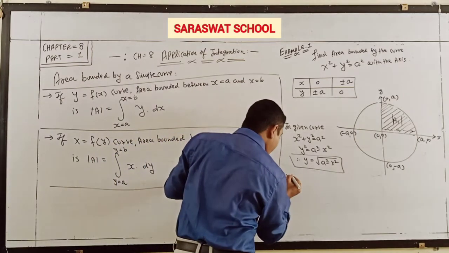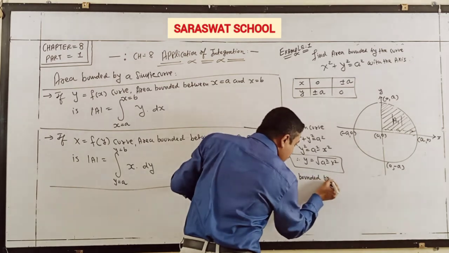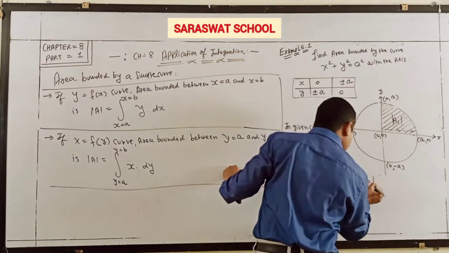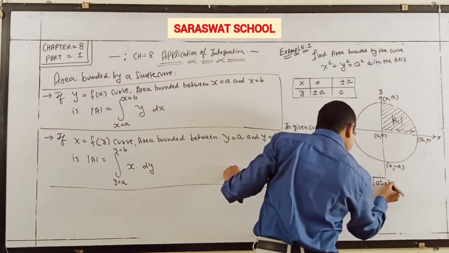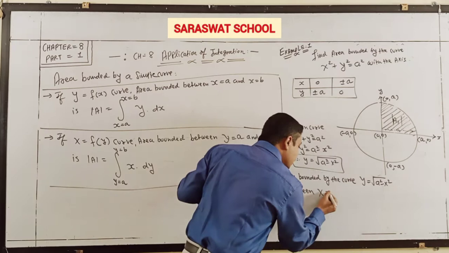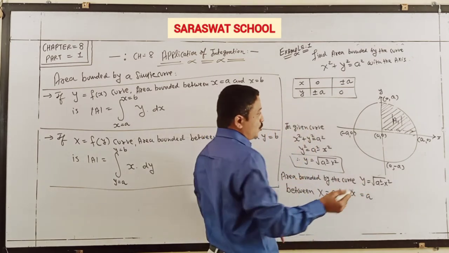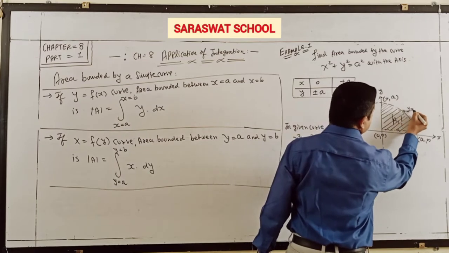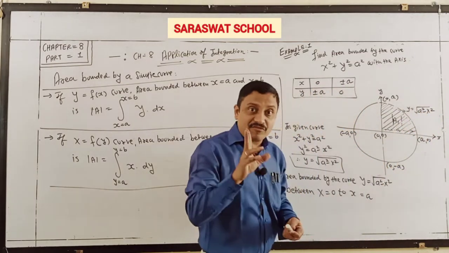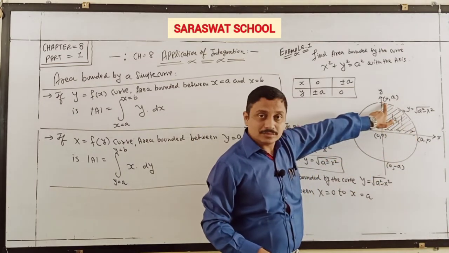So the area bounded by the curve y is equal to under root a square minus x square between x is equal to 0 to x is equal to a. It means I find only this bounded area under this curve.